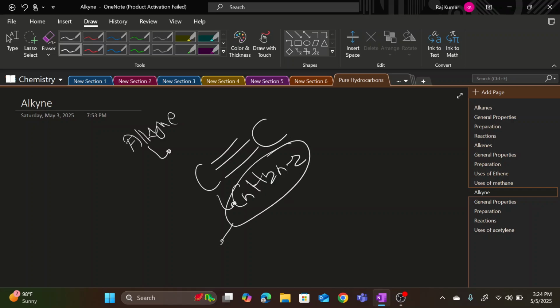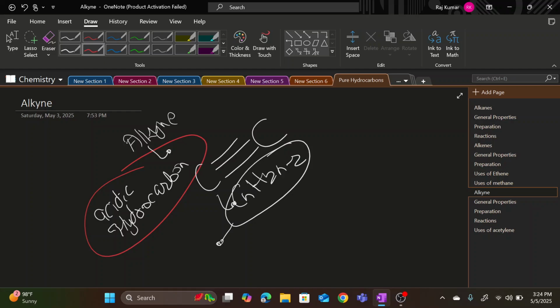Among some important characteristics, alkynes are also known as acidic hydrocarbons. We're going to understand why some alkynes are known as acidic hydrocarbons.